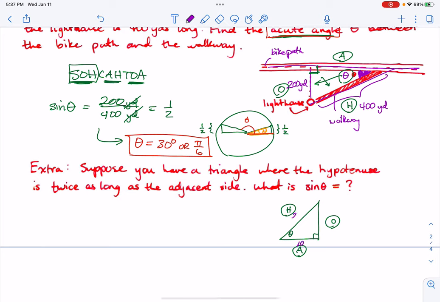That means my hypotenuse needs to be 20. Oh, look at that. I have A and H. Let's use SOHCAHTOA again, that's the CAH in SOHCAHTOA. So that tells me that cosine of theta equals 10 over 20, which is 1/2.